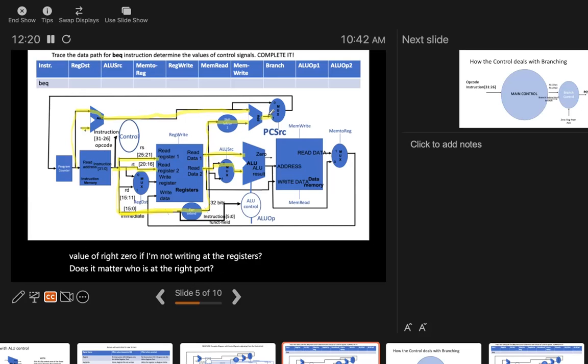So what should be the value of reg dest? I don't care. We don't care, right? Remember the X symbol from digital logic, don't care? If register write port is shut off, it doesn't matter who is at the door, right? For example, if I'm not holding office hours, I don't care who is at the door, right? So it doesn't matter. Therefore, reg dest is don't care. Reg write is 0. Very good.